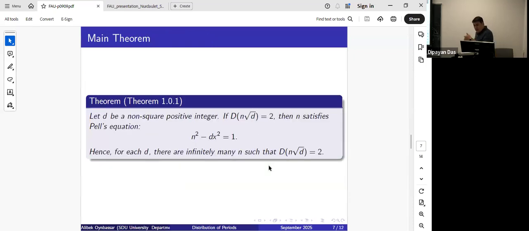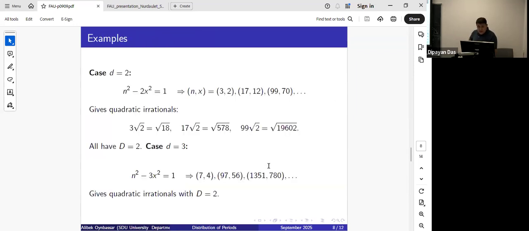While proving this, we also proved the connection between the Pell equation and continued fractions with period of length 2. Here are some examples.